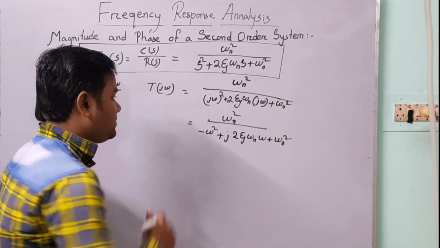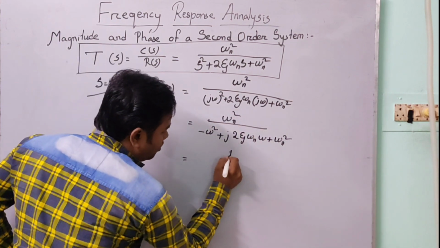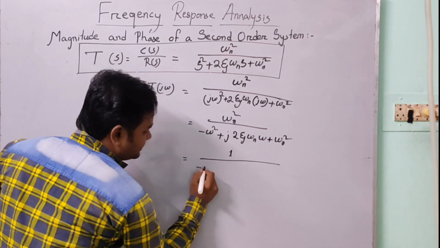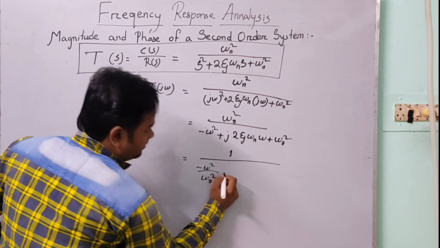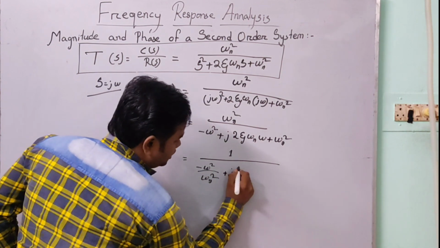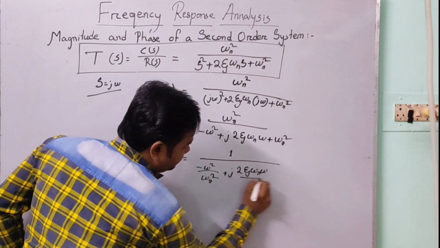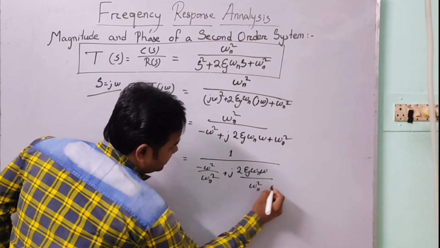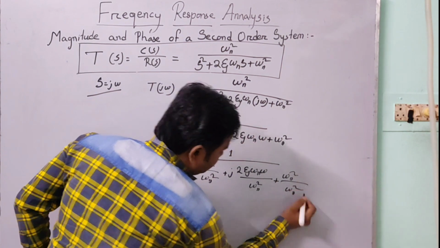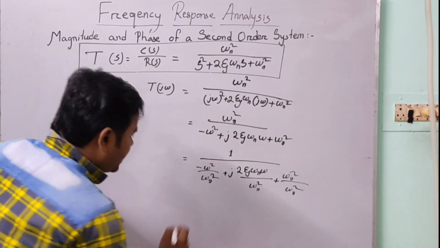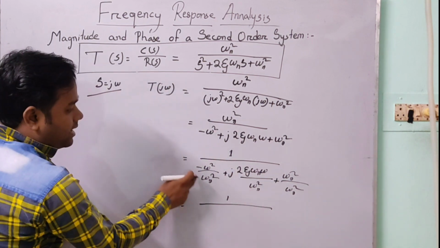In the upper side I will get 1, and in the lower side I will get minus omega square divided by omega n square plus j into 2 zeta omega n omega divided by omega n square plus omega n square divided by omega n square. In simplification, I will get this value equal to 1 divided by, here, omega by omega n.